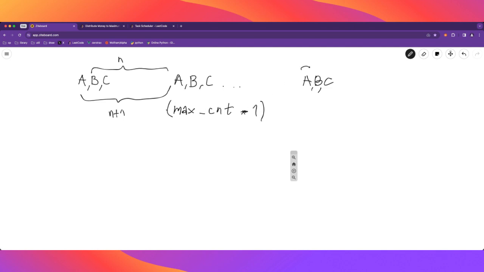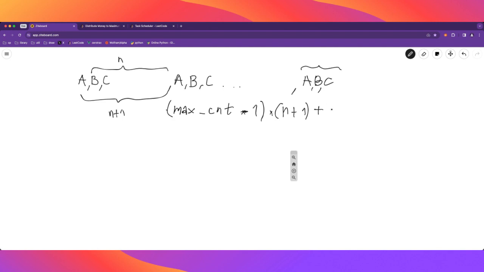We're not counting the last one, because the last one is shorter. So that's why we subtract 1 from the max count. We multiply it by n plus 1 because we said that each has length n plus 1.